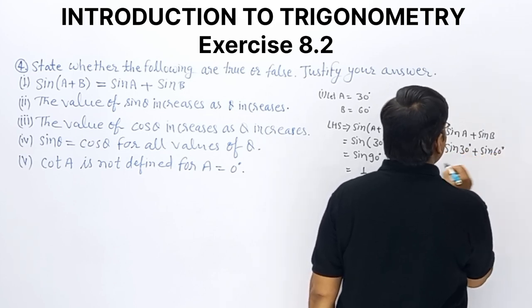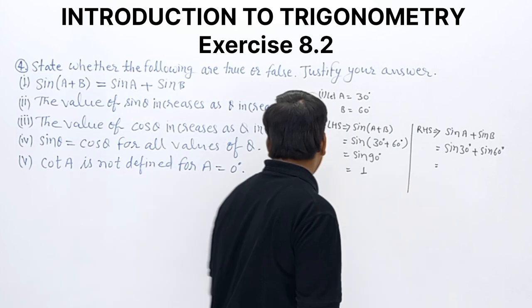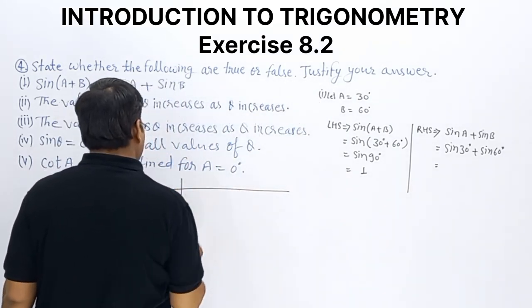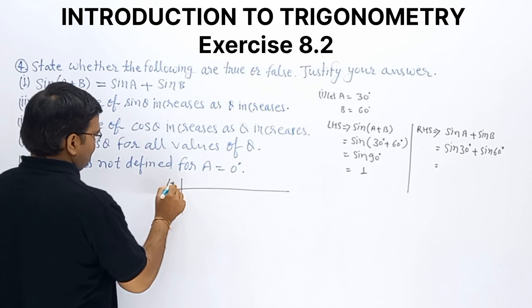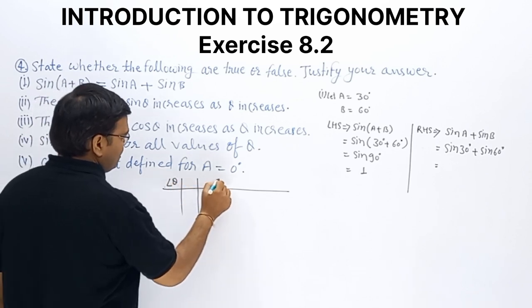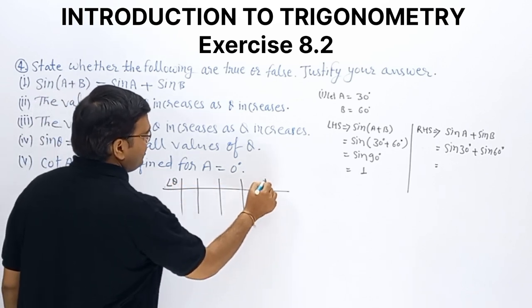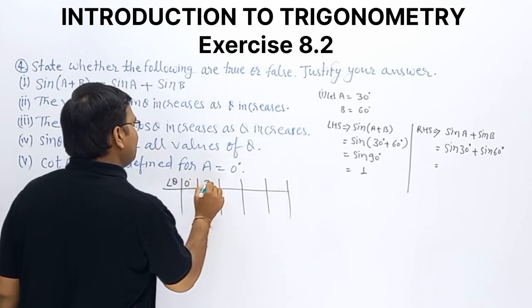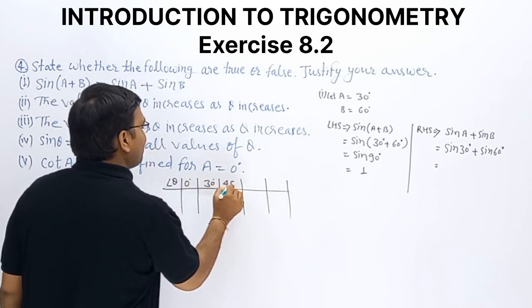Sine 60 degree. We know well, we studied the table of specific angles: 0 degree, 30 degree, 45 degree, 60 degree and 90 degree.